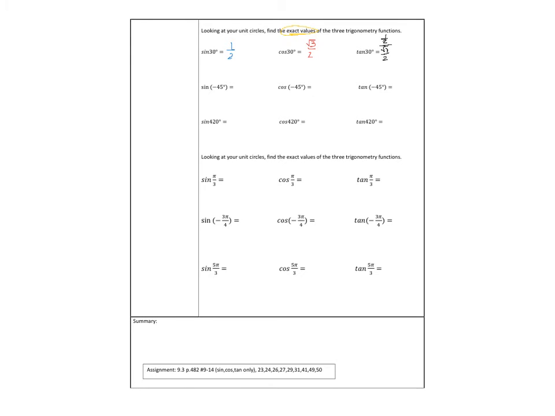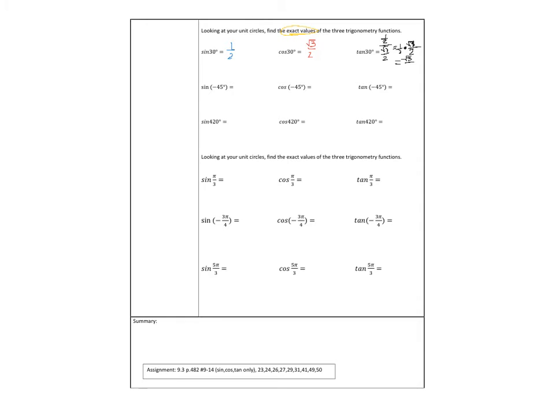So that's opposite over adjacent, if you want to go with your SOHCAHTOA. And we've got fractions going on here, so I'm going to rewrite this as 1/2 times the reciprocal of root 3 over 2. Remember how we multiply by the reciprocal when we're multiplying and dividing fractions? And then we multiply straight across, and we get root 3.